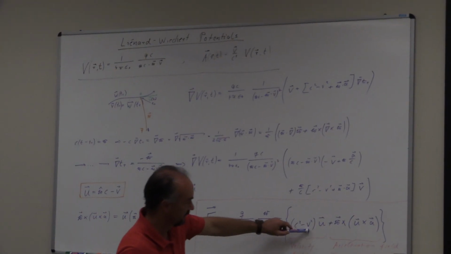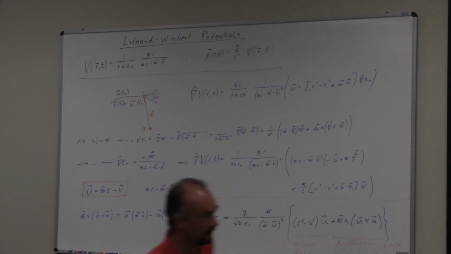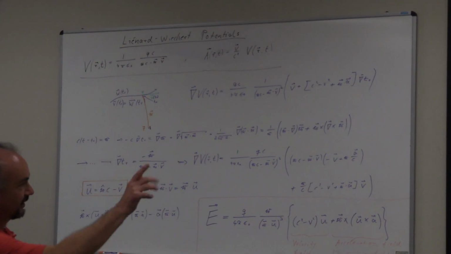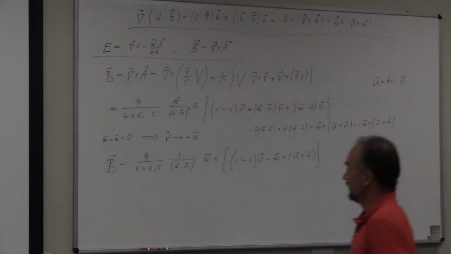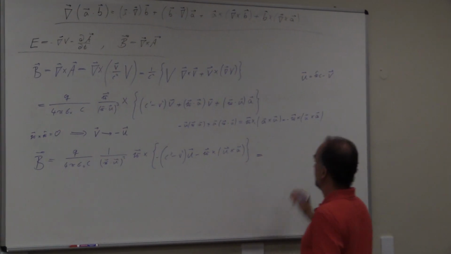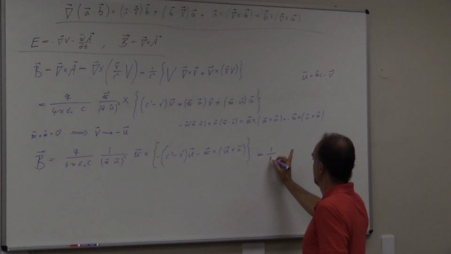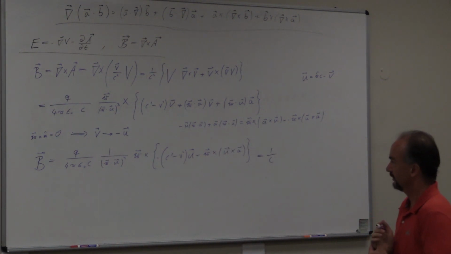That now looks an awful lot like the terms we have here, right? C squared minus B squared U and R cross U cross A. Okay. So just with a sign in front of everything. And we have R cross these vector terms. So we can put this together as here there's just a 1 over c in front of it. Otherwise, all the factors in front are the same.